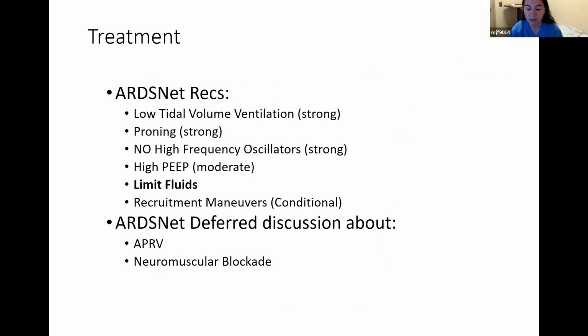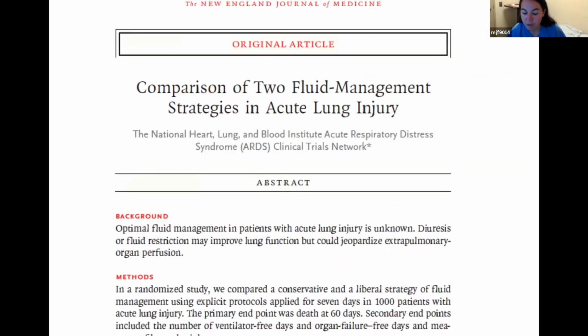Getting back to the ARDSNet recommendations, there are some recommendations about fluid balance. We all know that dry lungs are happy lungs. Obviously, if you have a critically ill patient who is in shock, you need to resuscitate them. But this FACT trial, which compared a conservative versus a liberal strategy of fluid management, the liberal group had a mean fluid balance of about +7 liters.